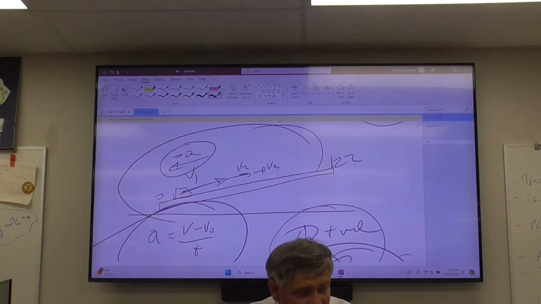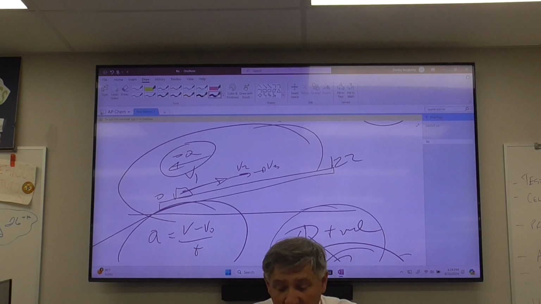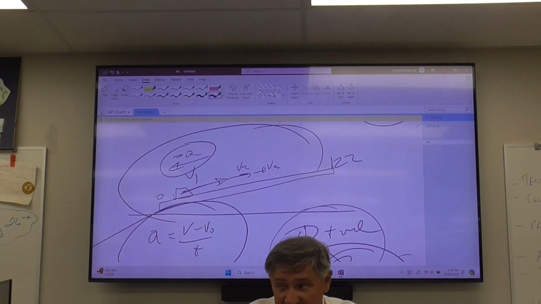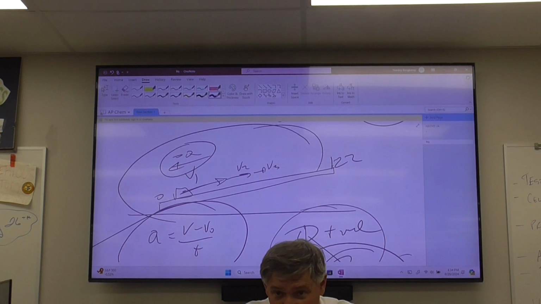If you want me to think that those acceleration vectors are getting bigger or smaller, you clearly draw them to show me that they are getting bigger or smaller, okay? If you think they're the same length, you clearly draw them the same length, okay?